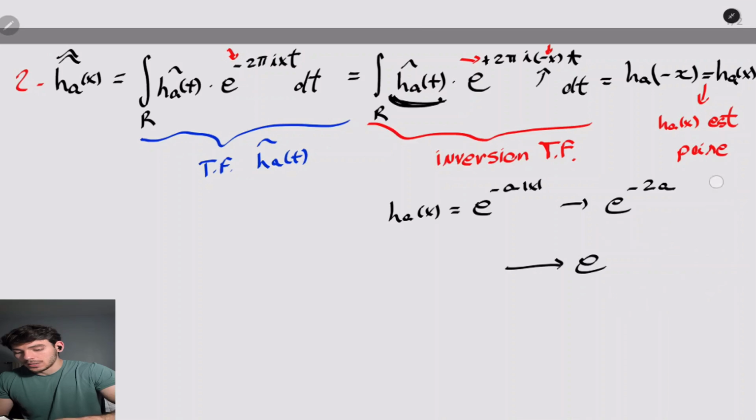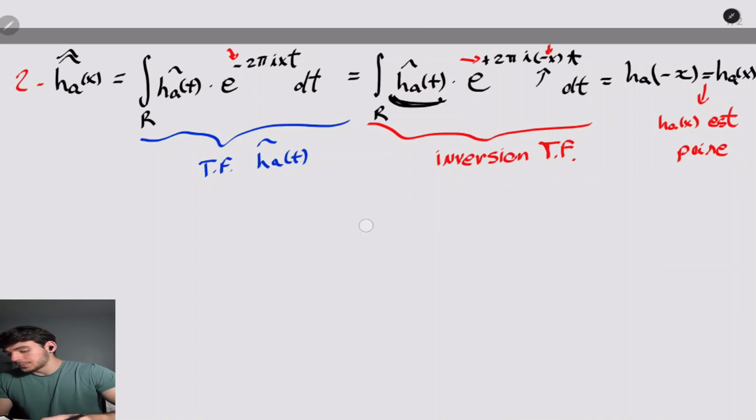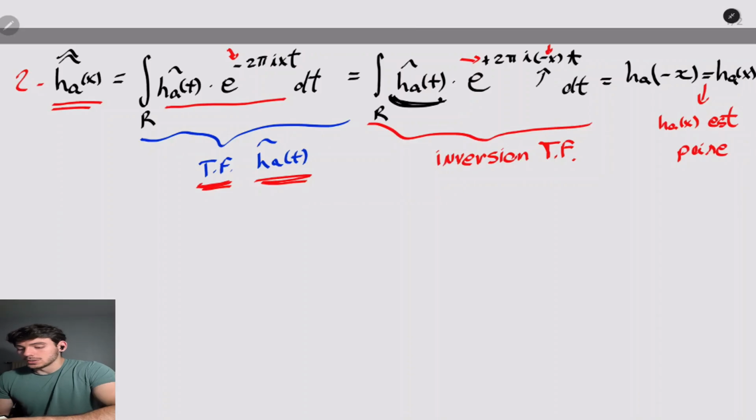All right. So just to clear it out, what I've done here: we've started from h_a double hat, which means we are transforming h_a hat. So that's what I've written here. Here I've moved the minus sign and inserted it along with the x.